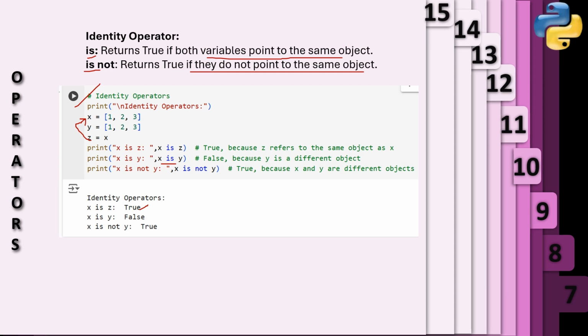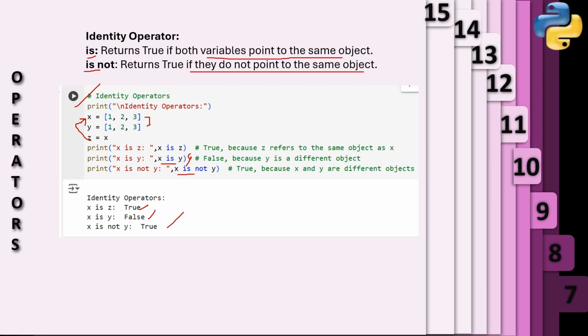It returns false because their memory locations are not the same, but they are identical or similar. Next, x is not y. Is not returns true if they do not point to the same object. From the above explanation, we can tell these do not point to the same object, so it returns true.